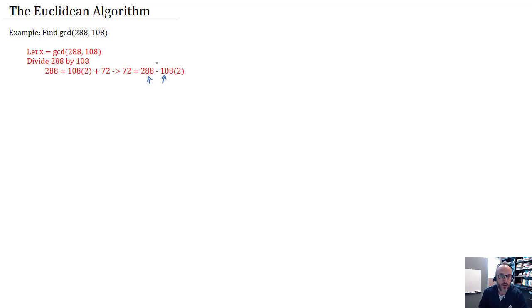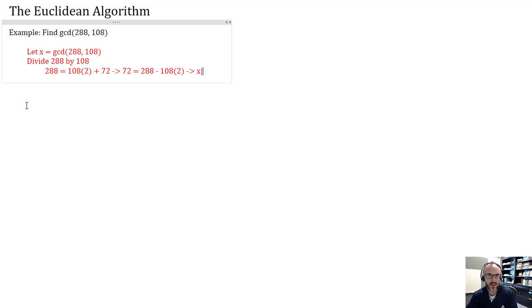Since x goes into both of these terms here, x goes into this term minus this term. X divides this difference. In other words, x actually divides 72, because if x goes into 288 and 108, x goes into the difference of those, which means 72 is the difference. So x goes into 72.